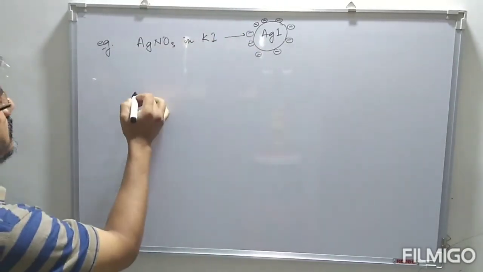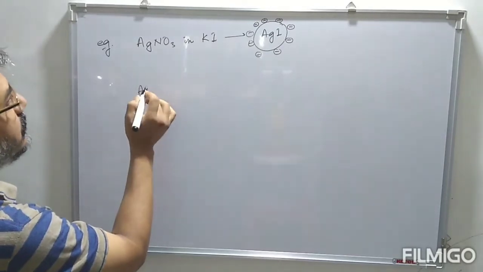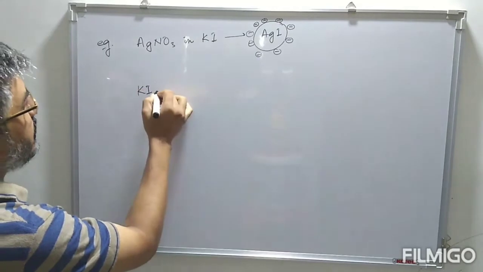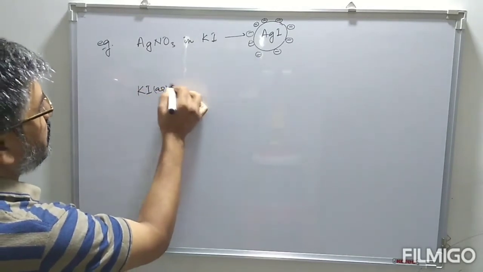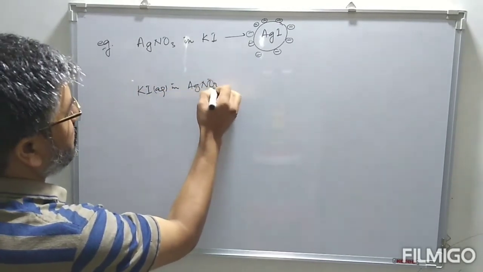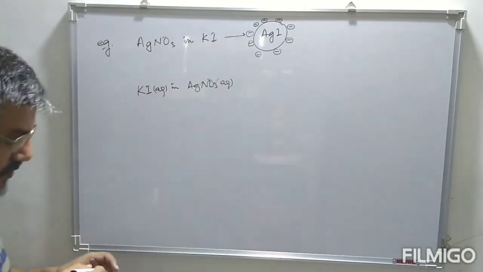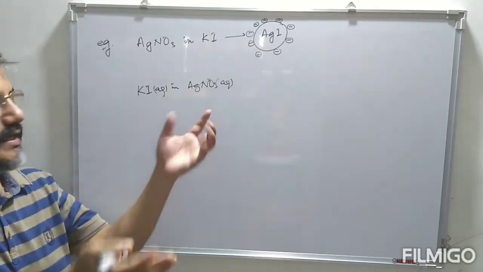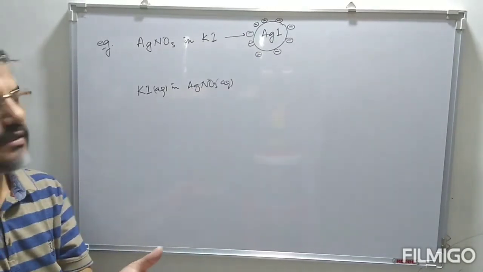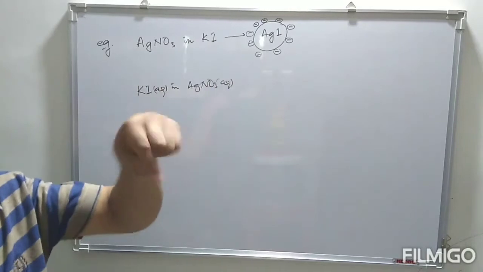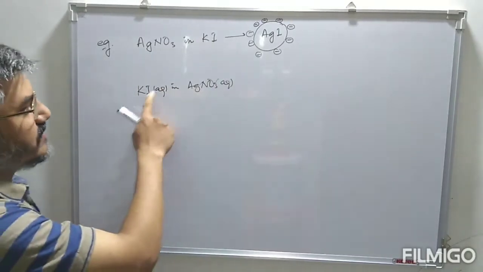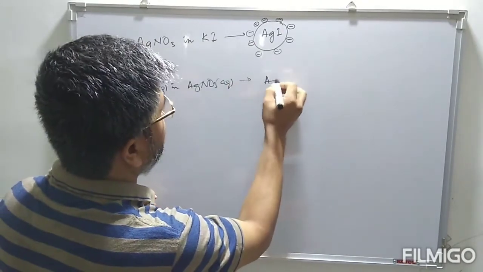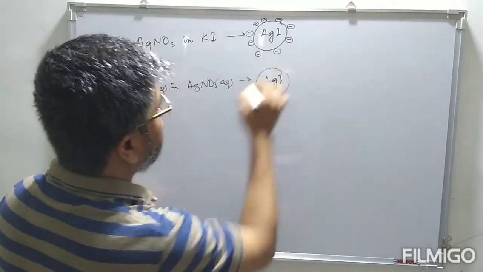To reverse this case, we take potassium iodide in silver nitrate aqueous solution. The process is reversed. We take silver nitrate in a container and add potassium iodide in small dose. As I minus comes in contact with silver, this forms silver iodide.